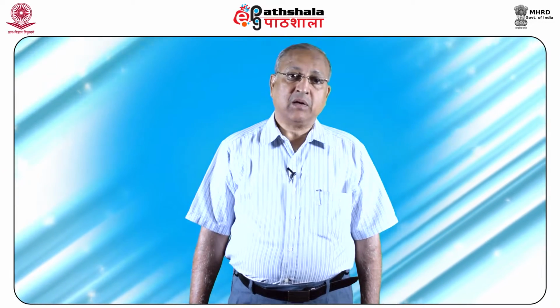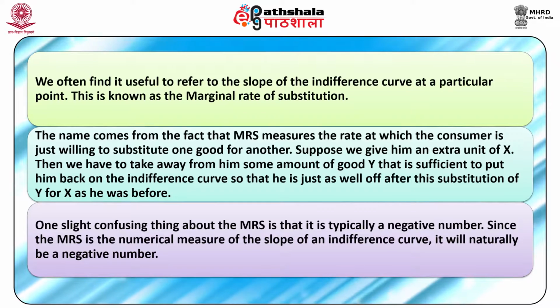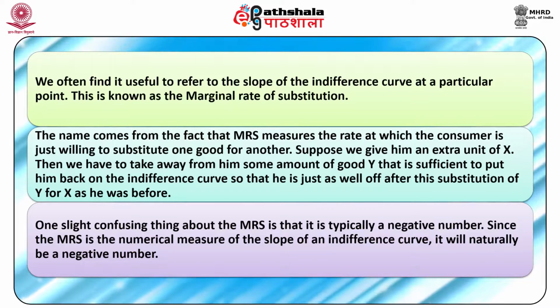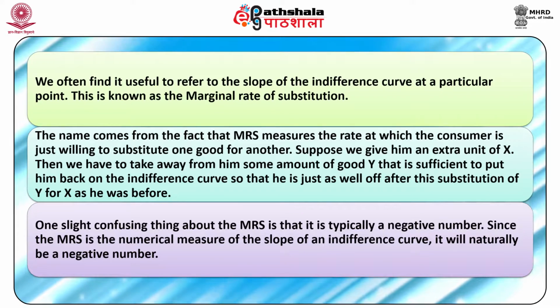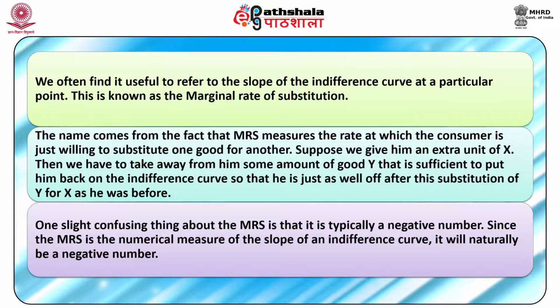That means as the consumption of x increases and the consumption of y decreases. We often find it useful to refer to the slope of the indifference curve at a particular point, as we have said, is the marginal rate of substitution of x for y.